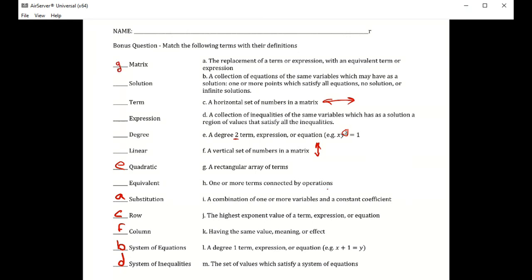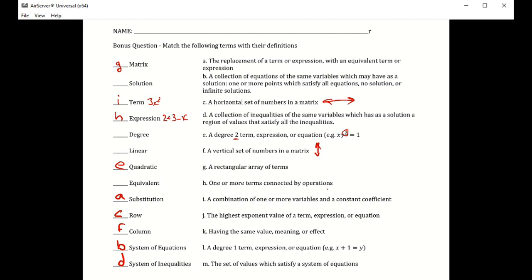One or more terms connected by operations, that's going to be our expression. A combination of one or more variables and a constant coefficient, that's going to be an individual term. So an expression might be 2 plus 3 minus x. So you have terms separated by operators, whereas a term itself, 3x squared, is all together in one little clump.